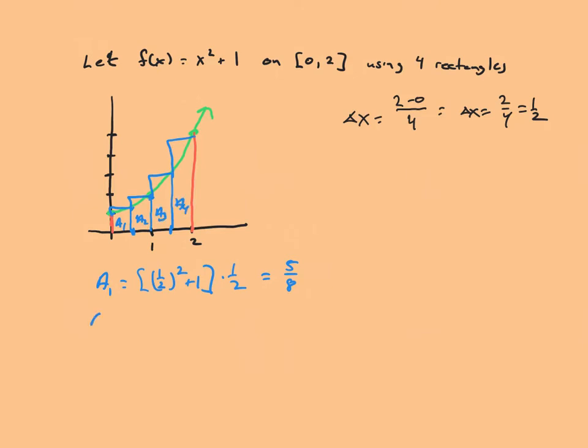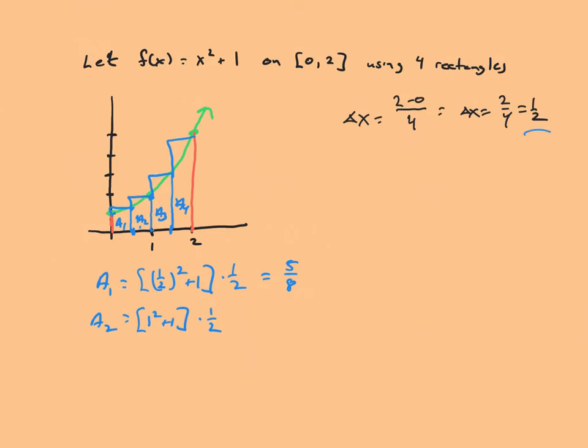Okay, so for area 2, my sample point that's going to give me the height is when I plug in 1. So the height of my rectangle is I'm going to plug my sample point 1 in for x, so it's going to be 1 squared plus 1 times my base. The base of the rectangle is always 1/2 in this case because that's what delta x was.